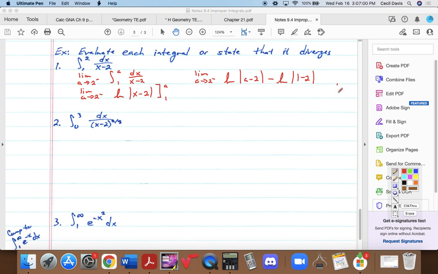But if I think about the graph of natural logarithm, as it approaches 0 from the right, what does the value of the natural logarithm approach? Negative infinity. And this is going to be the natural log of 1, which is 0. So this integral diverges.